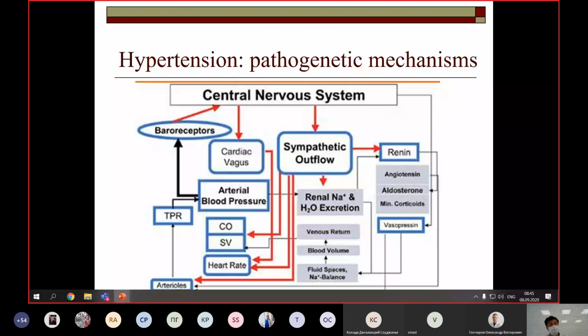But arterial hypertension is defined as a polygenic disease, and baroreflex overactivity is only one of the factors contributing to increased central nervous system hyperactivity. So the final result of central nervous system overactivity of the sympathetic system and renin-angiotensin system is closely associated with low baroreceptor activity.